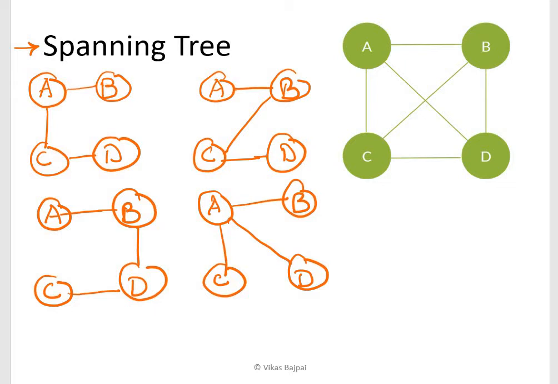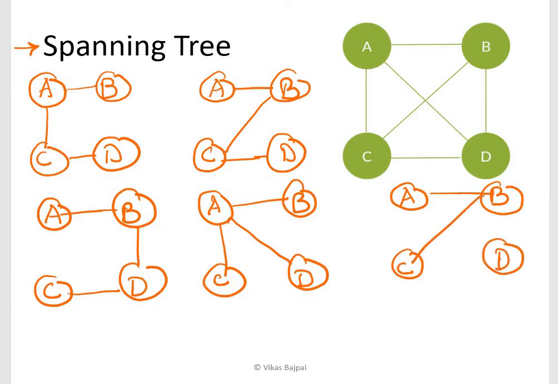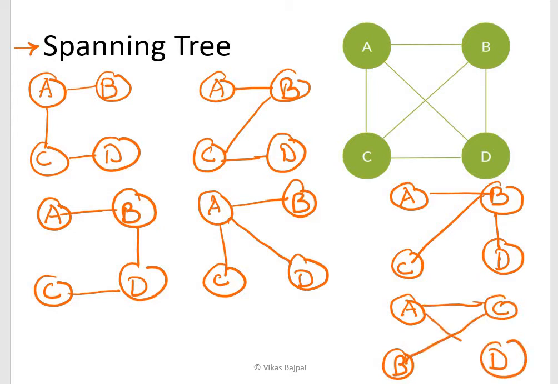Further, I can have, let's say, this, and this. Again, I can connect like this. Then I can come up with another scheme where I have, let's say, B, C, D. So I have this, I have this, I have this. This is also fine.